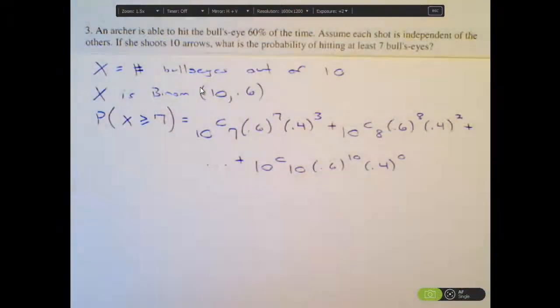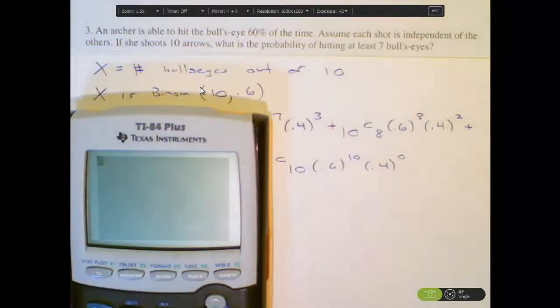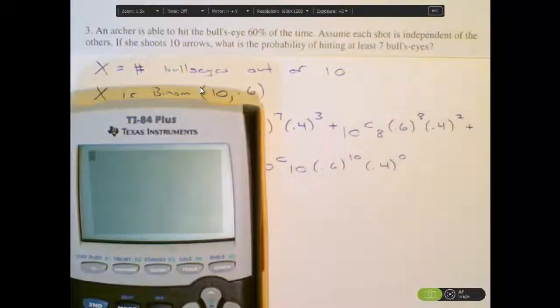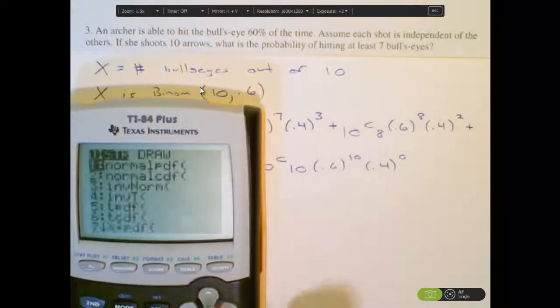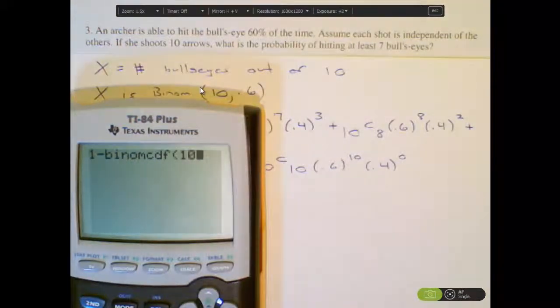Okay, so taking a look at the calculator. It's going to be a CDF anytime you're not starting at 0 successes. In this case, our first formula was 7. I need to do 1 minus binomial CDF. Number of trials, 10. Probability of success, 0.6. And remember what I said in question 2. I need to subtract whatever number I put here. It's going to add up all of those successes.